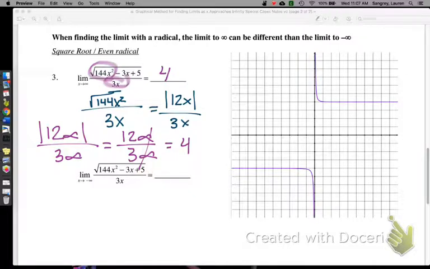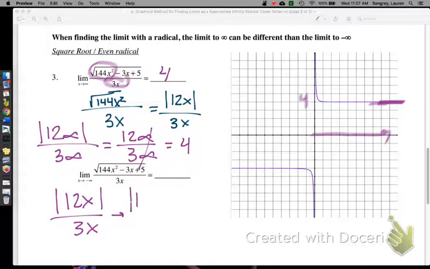And as you look on the graph, as our x values get bigger and bigger and bigger, it's very clear that we are approaching 4. And then the second example here is the exact same function, but we're approaching negative infinity. So this is going to look very similar. We have that absolute value of 12x over 3x, but this time we're substituting with negative infinity.